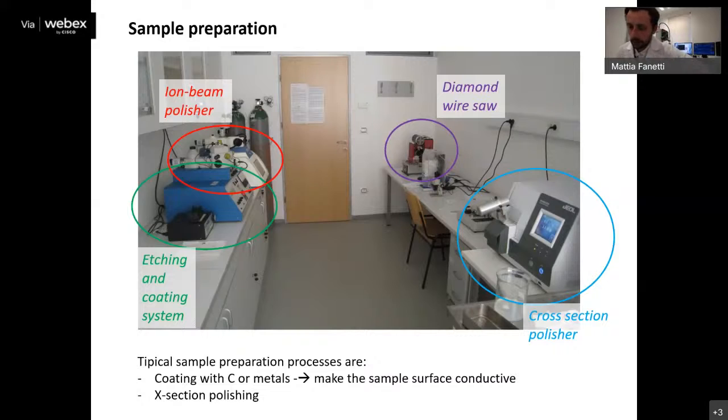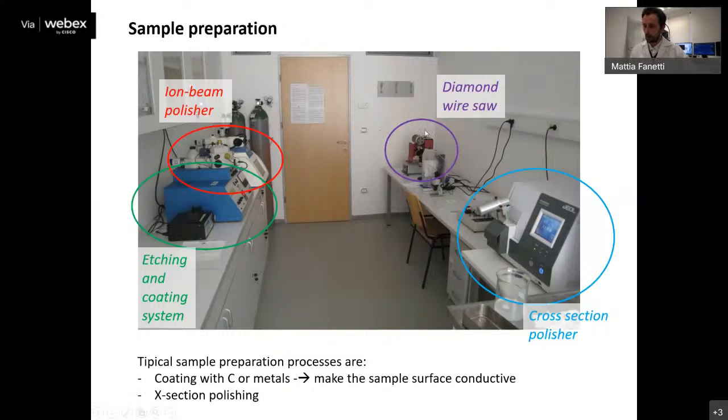So in some cases, you need to prepare your sample, otherwise you cannot watch it in the microscope. And here, this is the sample preparation room, which is just beside this lab. And here we see some typical pieces of equipment.